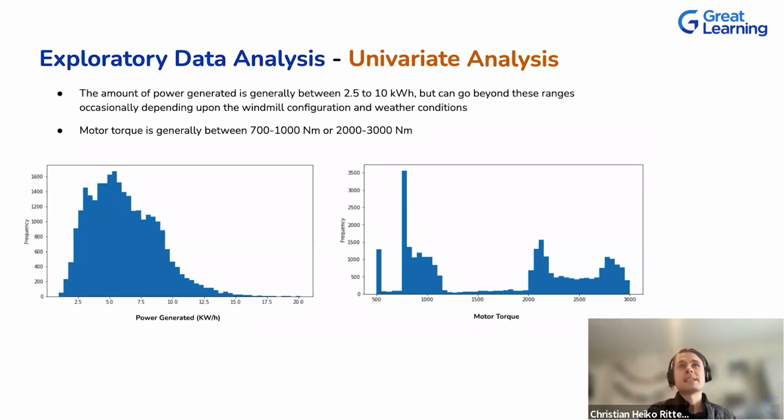What I mean is that if the algorithm learns certain relationships, let's say motor torque strongly affects the power generated, and it predicts power generated based on a certain motor torque value, and this relationship suddenly changes because our motor starts to break down or has issues, the machine learning model will have problems.